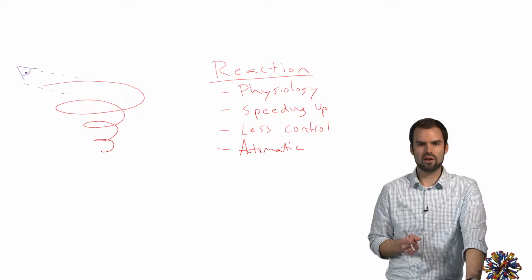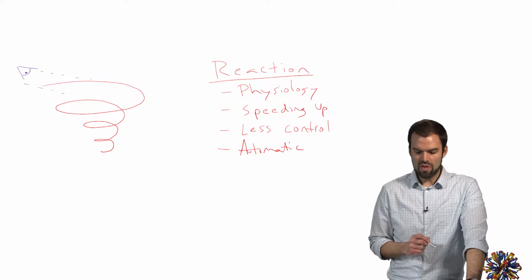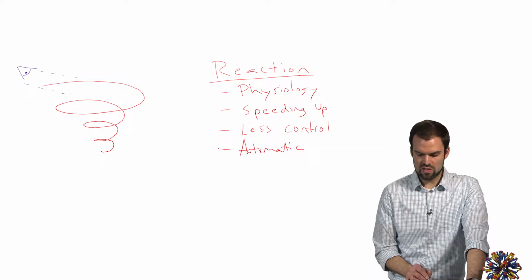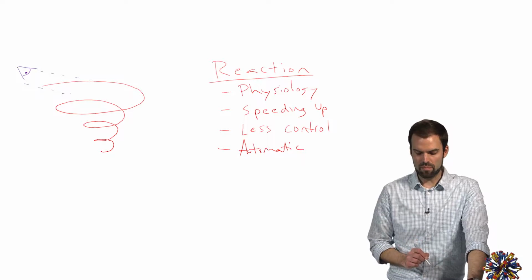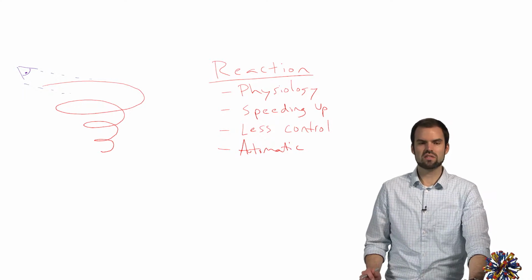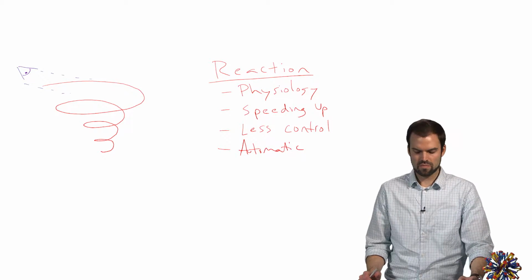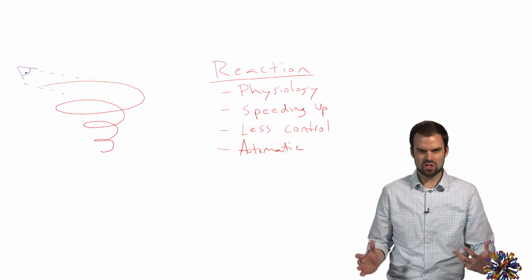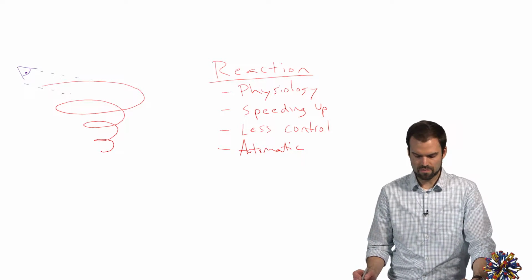That's almost that automatic part that we can't always control. We start to notice it though, the physiology is reacting. But then what happens after that is it feels as though the situation is speeding up. It's almost as though time is getting shorter. We also have a sense of lack of control. There's less ability to maneuver. And it can feel automatic. I can't stop this chain reaction. I don't know what to do.